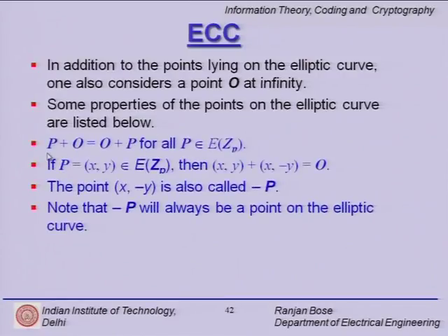Well, any point P plus O is O plus P for all points P, right, and if a point P given by x comma y lies on the elliptic curve, then x comma y plus x comma minus y is O, and this x comma minus y is also called minus P, because P minus P, where P is a point on the elliptic curve, should be O. And what is interesting is, if P lies on the elliptic curve, then minus P will always be a point on the elliptic curve. You can look at the symmetry.